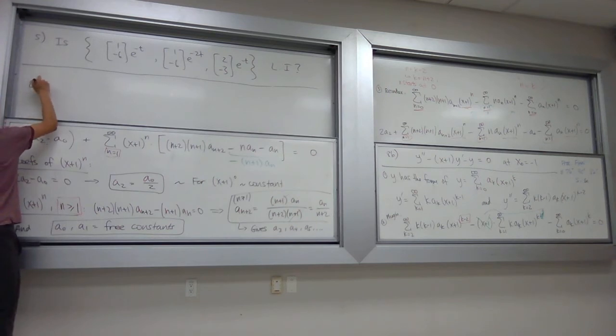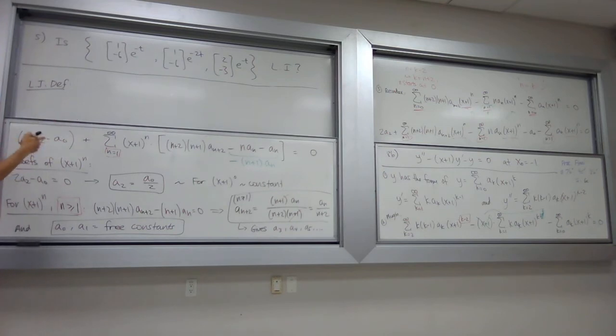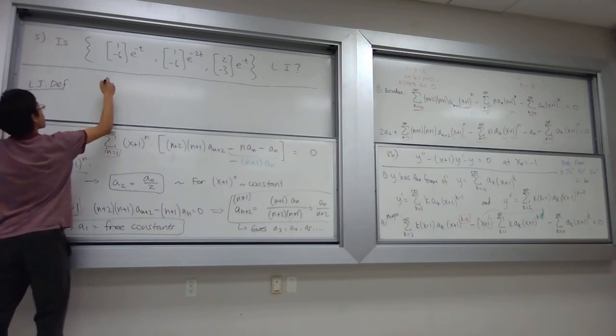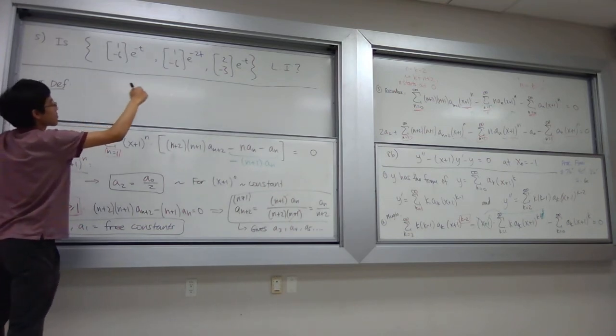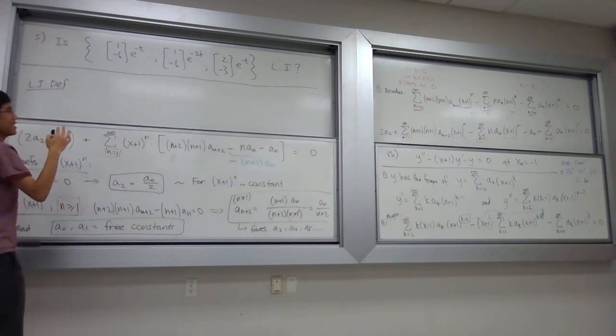So what's the definition? Or what's the equation that we check for the definition? C1 u1 plus C2 u2 plus C3 u3 equals 0. Weight all of them by c's, take their sum, set that equal to 0, and determine what C1, C2, C3 are.